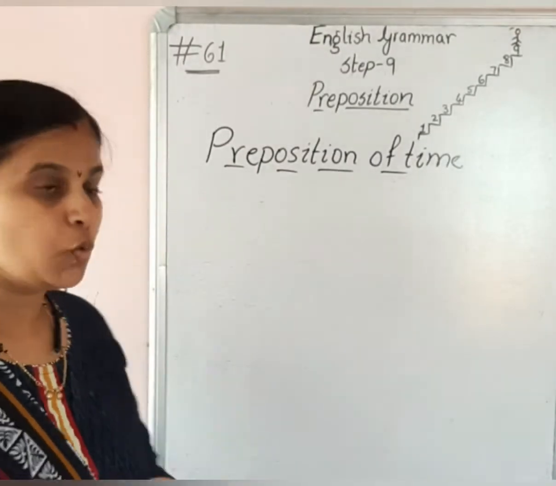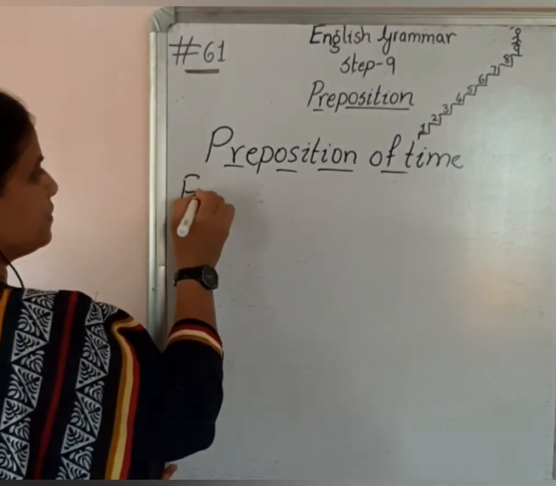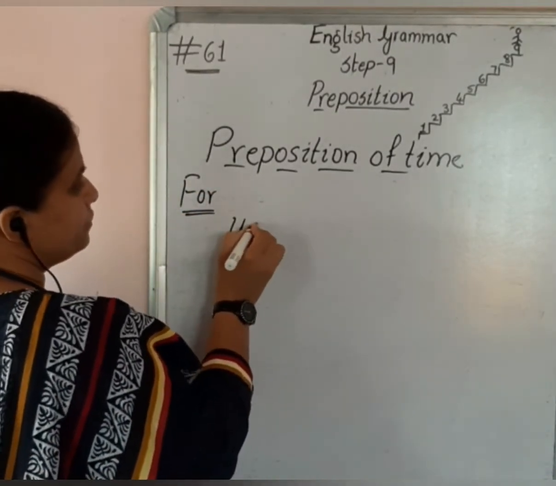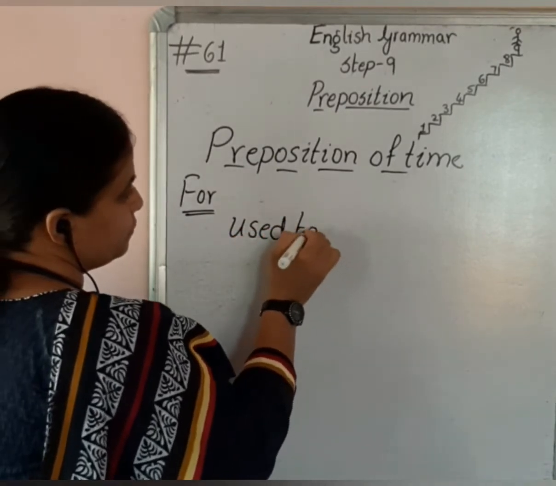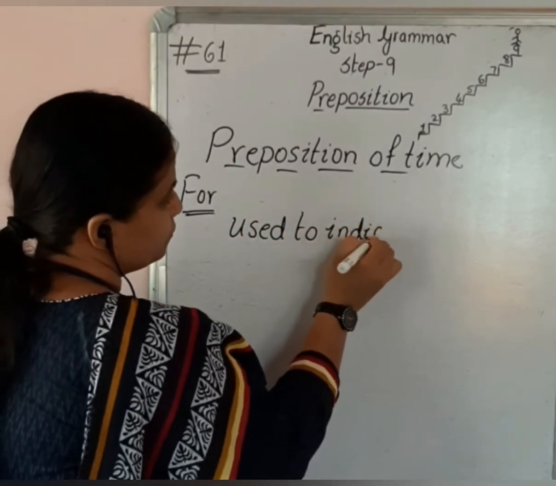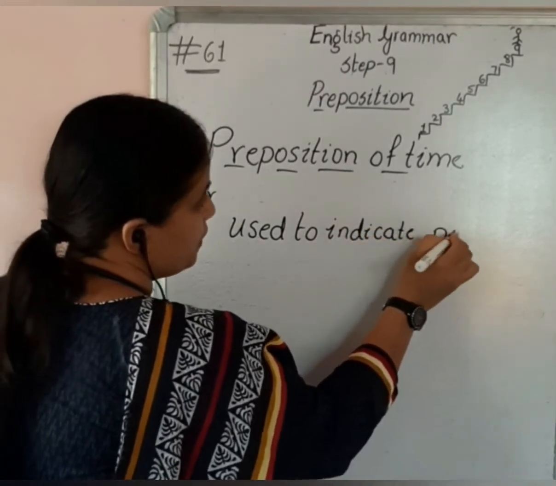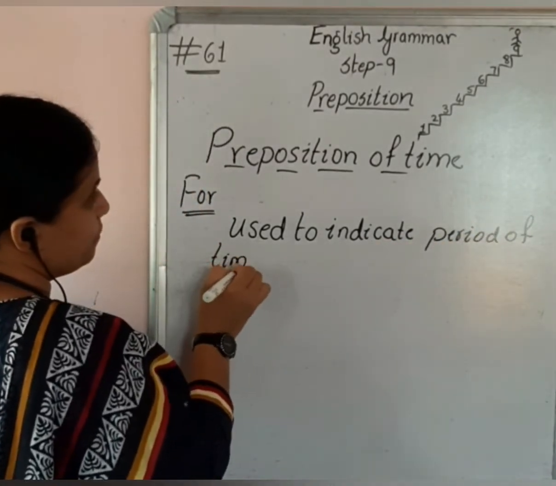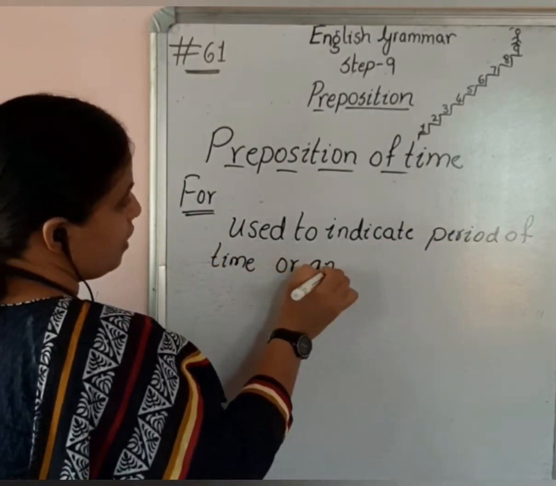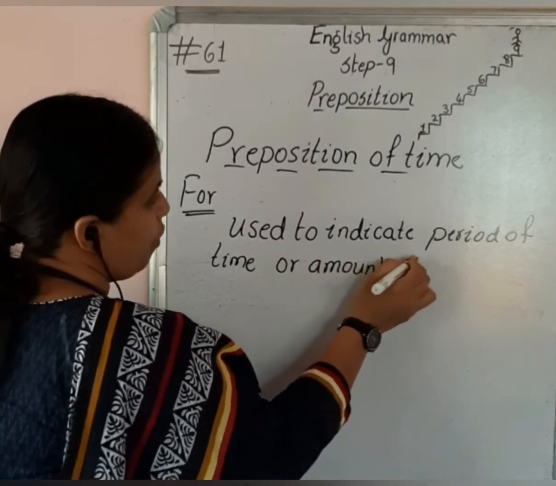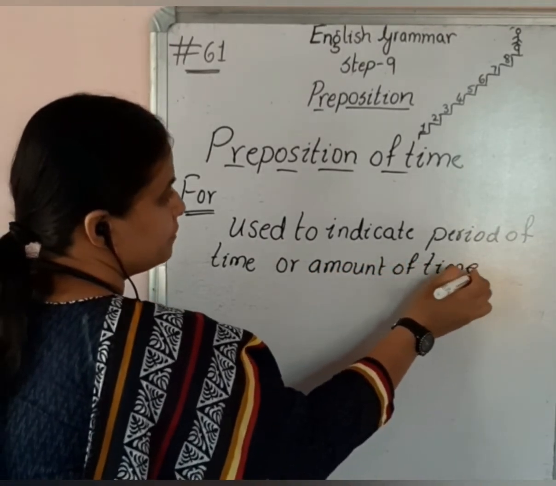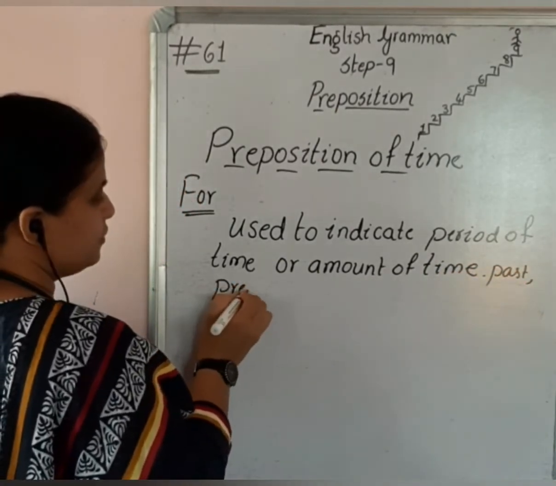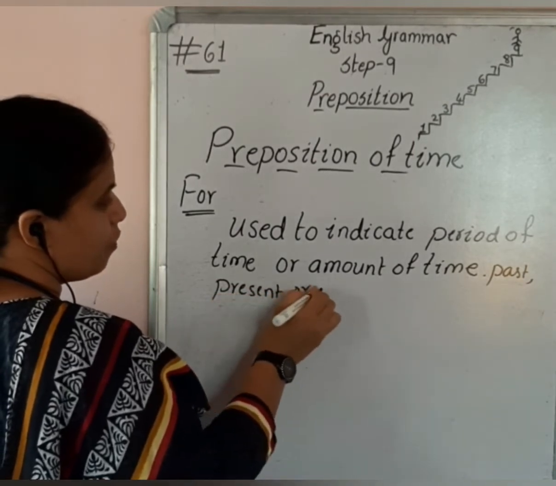So now let us know when for is to be used. It is used to indicate a period of time or amount of time, past, present or future.